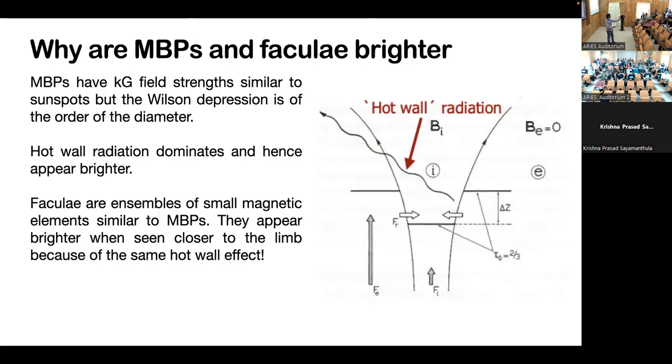These are small scale elements, so you can see the wall from the side, whereas for a bigger structure, the depression is the same, but the hot wall radiation isn't enough to hit the entire patch and make it look brighter. These structures can look brighter because the size of the element is almost the same as the Wilson depression. So you can see them as bright.